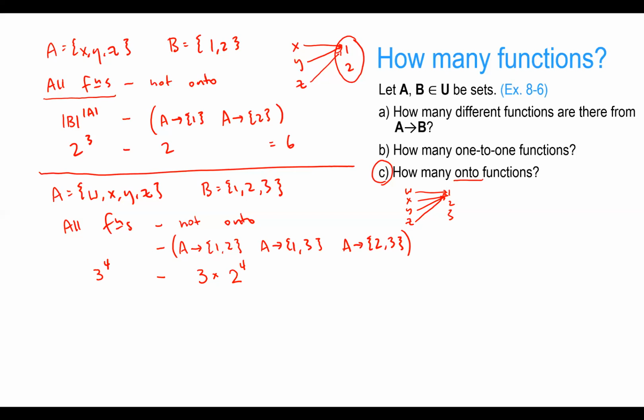Okay, but we've actually subtracted this function 2 times. We subtracted it once when we subtracted there, and we subtracted once when we subtracted there. So we subtracted too much. We subtracted that particular function too much. So we need to add that back in. We're going to add back where A maps to only the object 1, A maps to only the object 2, and A maps to only the object 3.